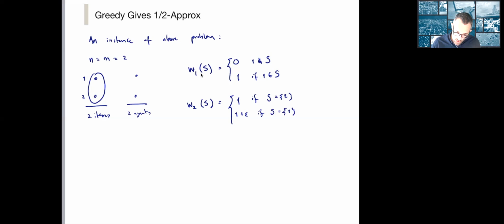And she also gets 1 plus epsilon if she gets 1 and 2. So in other words, our second agent values object 1 slightly more than she values object 2. And if she has object 1 already, then she doesn't value object 2 at all. So you can see how we built this example. So what does greedy do?